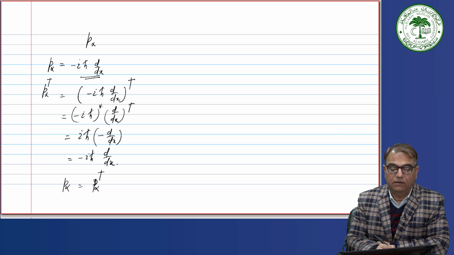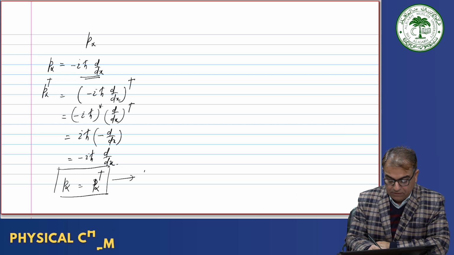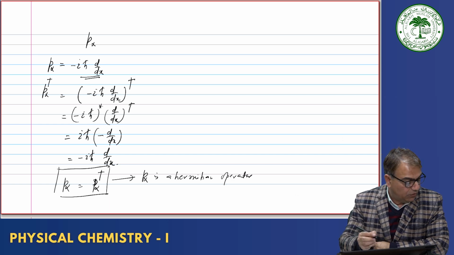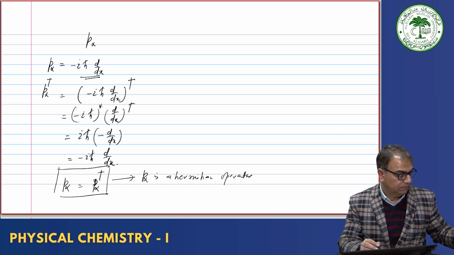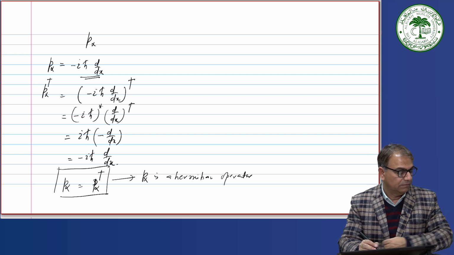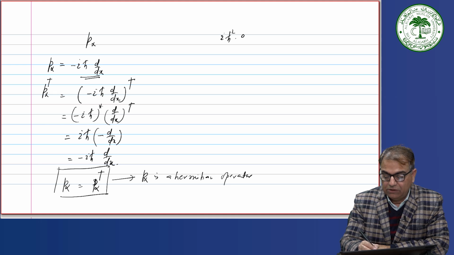So if px is equal to px dagger, it means px is a Hermitian operator. If I give you another example, say i h cross d square by dx square.